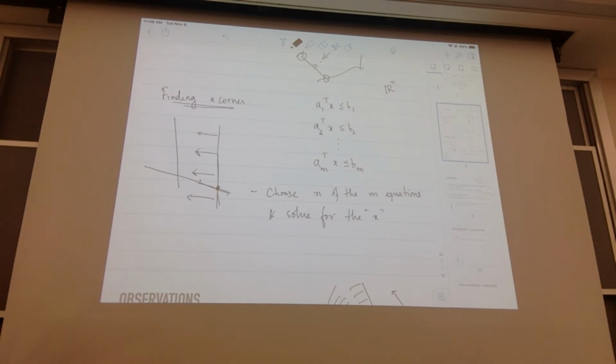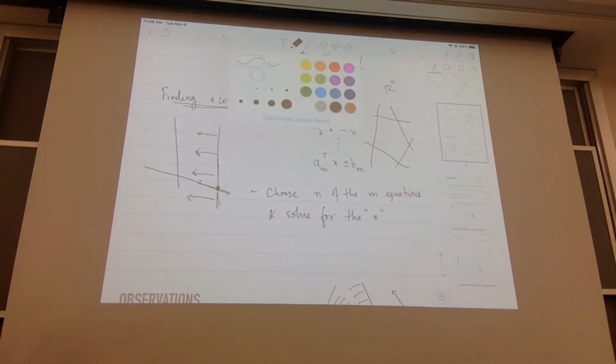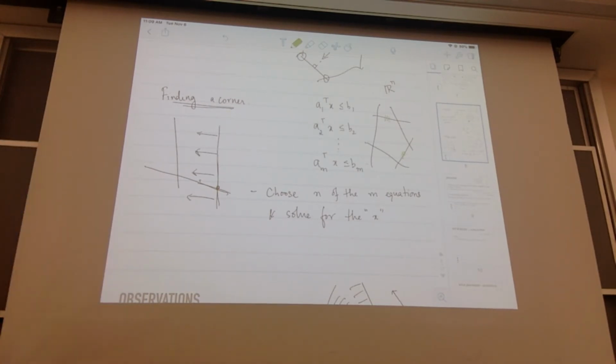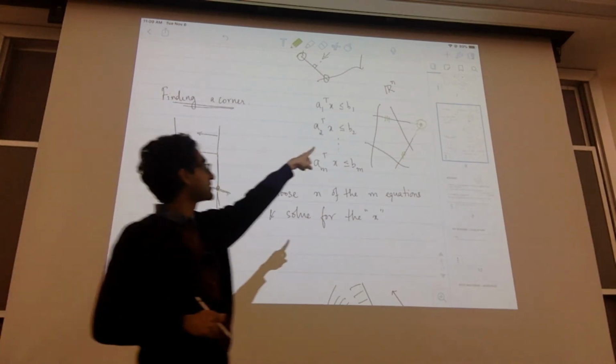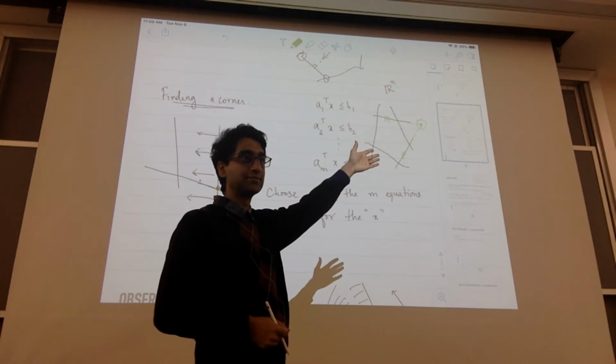So let's say you have a region in a plane defined by something like this. If I happen to choose this line and this line, their intersection happens to be at a point that is outside. I should not be considering this as a candidate minimum, because it is outside the feasible region.